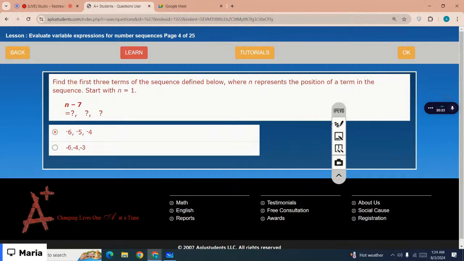That is option number 1, negative 6, negative 5, and negative 4. Option number 1 is the correct option.